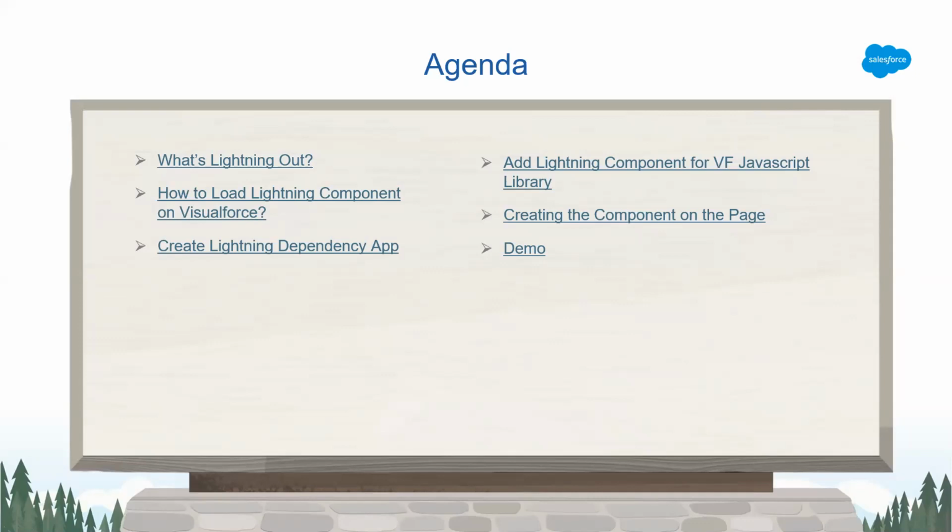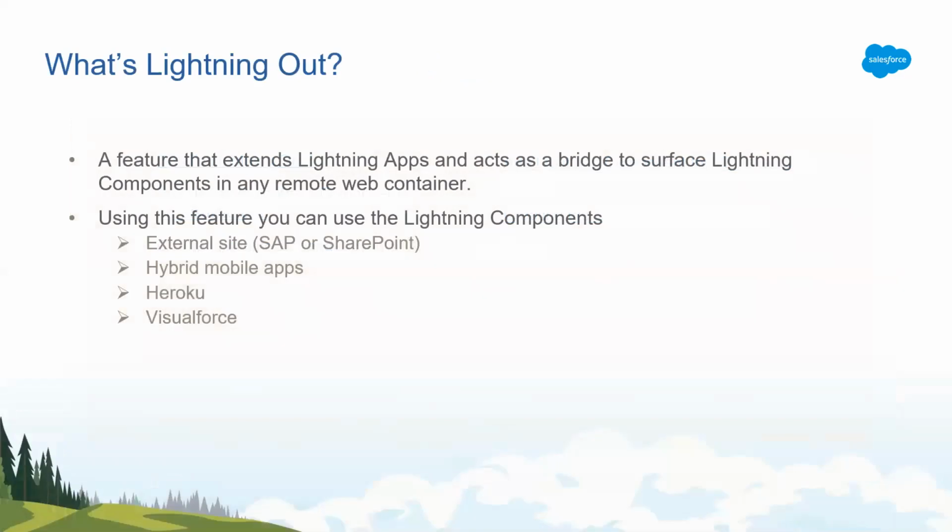And then, of course, we'll be doing a short demo to give you an idea how this is done in real time. So that's what we're going to do today. So to start with, what is Lightning Out?